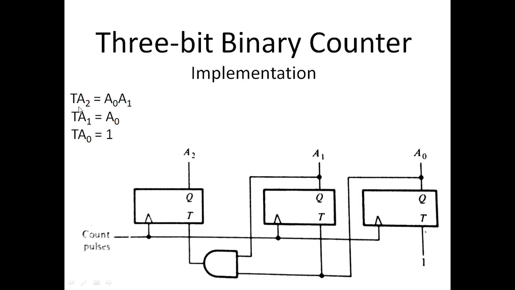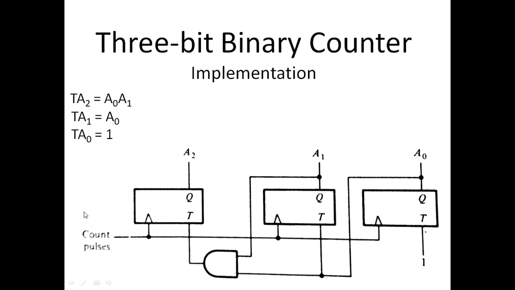Similarly, the T input of flip-flop 2, which is represented as TA2, is equal to A0 and A1. So A0 is taken from here and it is ANDed with A1 and connected with the T input of flip-flop 2. And the clock pulses of these three T flip-flops are connected to the clock pulse.